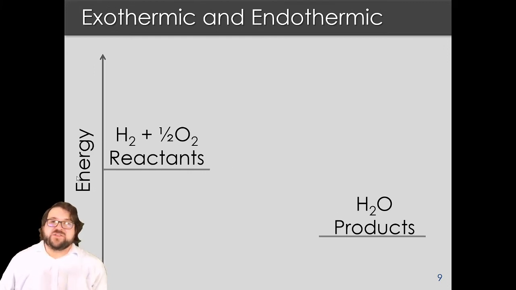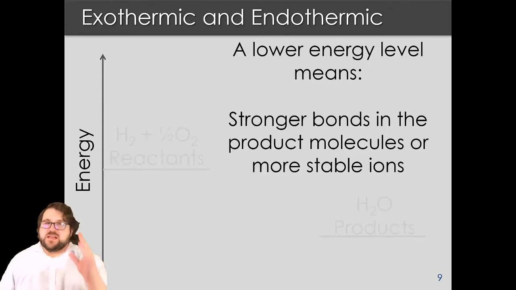Well, we know that hydrogen is an explosive gas, so we know that it is not quite as stable as something like helium or something like that. And oxygen is also quite reactive. It's involved in every explosion because it is providing the oxygen in order to do that reaction. What this really means, though, is that we've got stronger bonds in the product molecules or more stable ions or something like that.